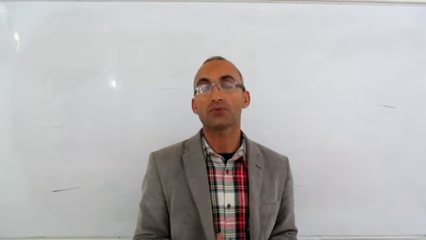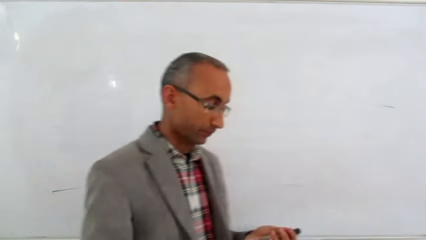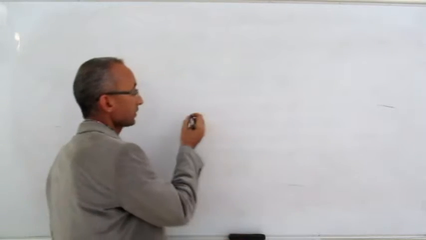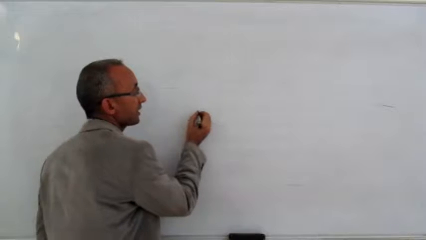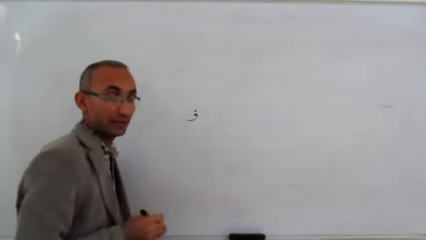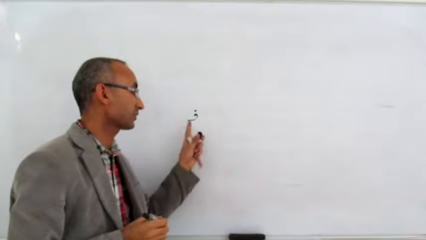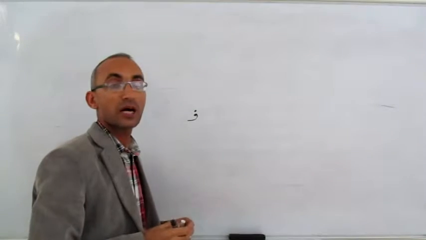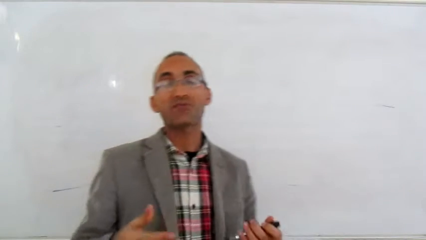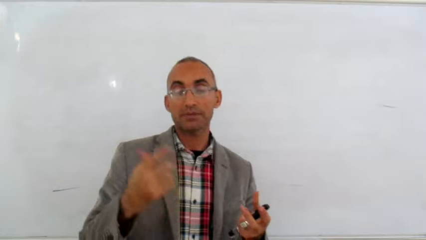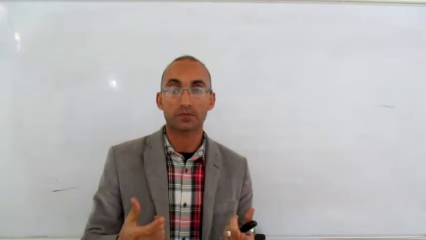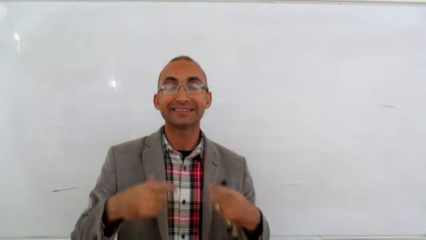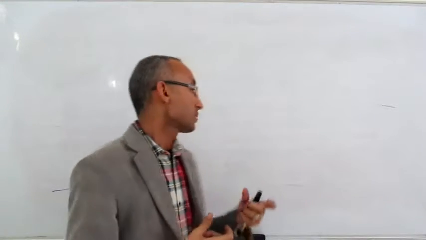Number one, in terms of form or shape. As you know, the semicolon takes the form of what? A comma and a full stop above it. Right. So it's a bit similar to the comma. Also, in terms of function, both the comma and the semicolon indicate a pause.